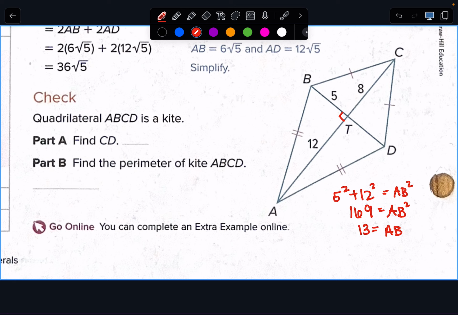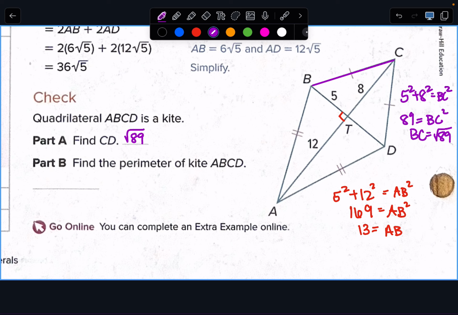13. Okay. Now, if we want to find BC, we have 5 squared plus 8 squared equals BC squared. 64 plus 25. So BC is the square root of 89. Which means CD is also the square root of 89.